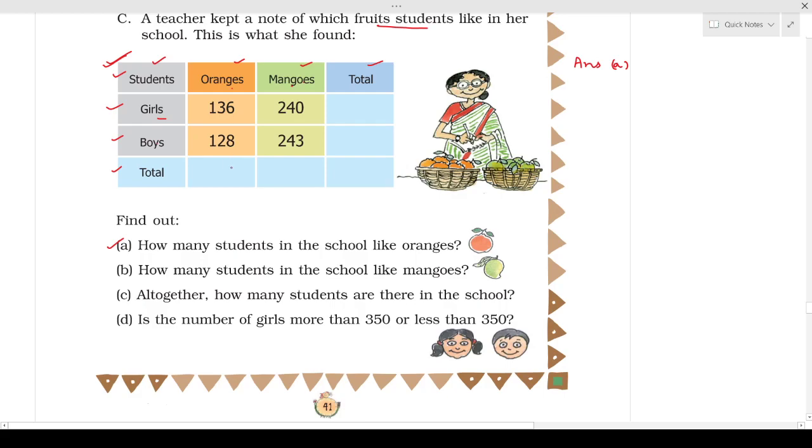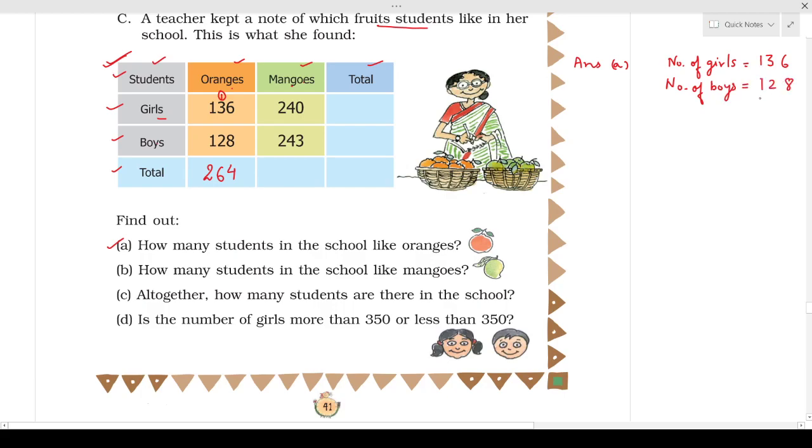So 6 plus 8 equals 14. 4 you will write over here, 1 will be added to the next column. 3 plus 1 is 4, 4 plus 2 is 6. So here children your answer will be 264. What you have done here is added the number of girls who like oranges and the number of boys who like oranges, 128.